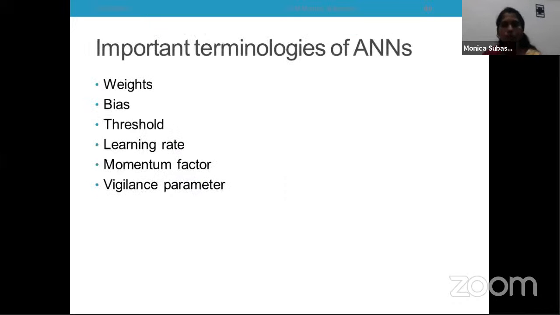So what are the important terminologies of artificial neural networks? Whatever we have come across, this is just going to sum up. First one is weights. Next is bias, threshold, learning rate, momentum factor, vigilance parameter.